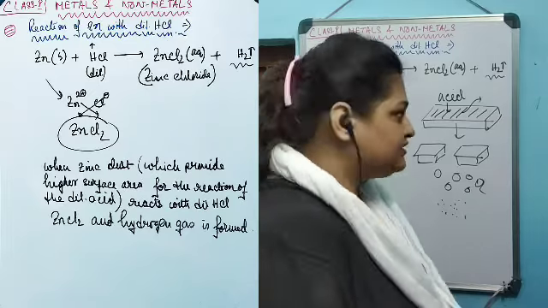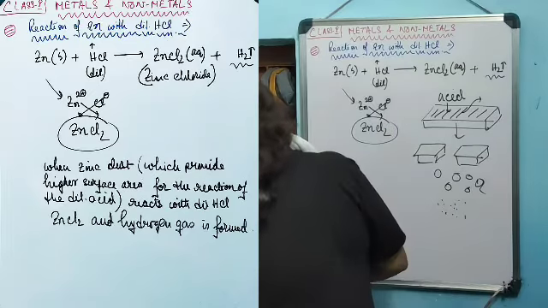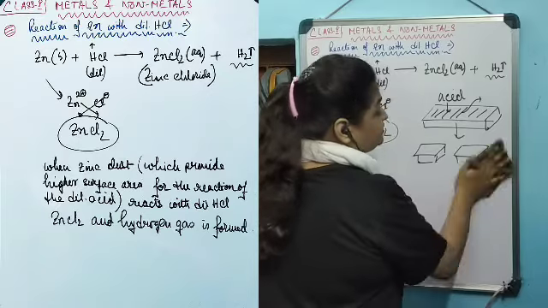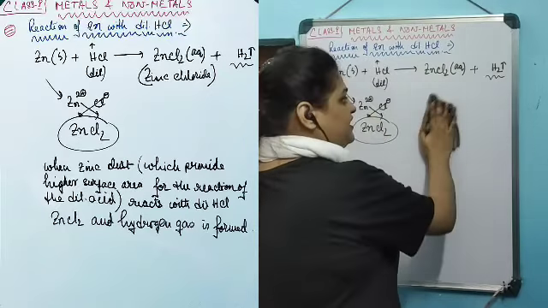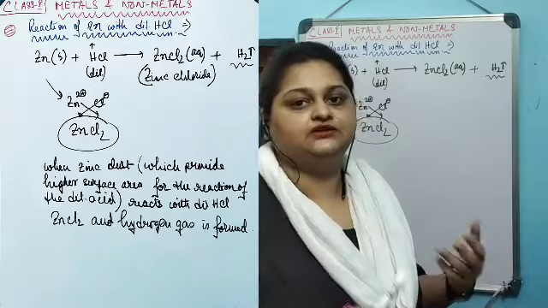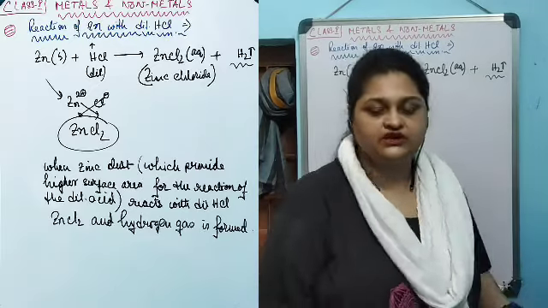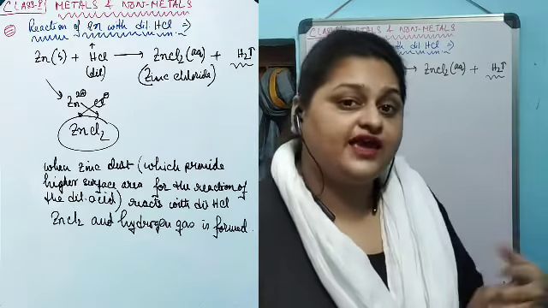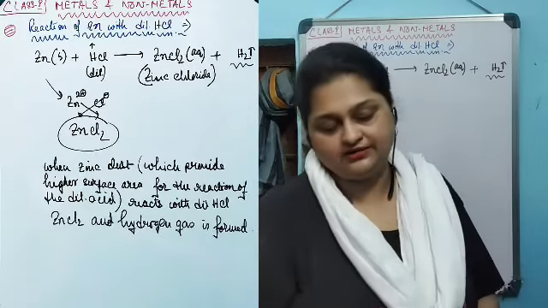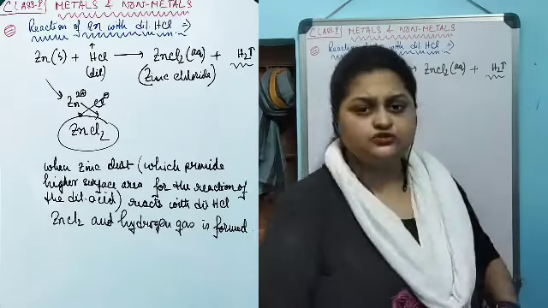That's why the rate of this reaction of zinc with dilute acid increases if you increase the surface area of the zinc metal. If you take zinc granules instead of a chunk of zinc, the reaction will be faster. Even if you take zinc dust instead of granules, the reaction will be much faster.